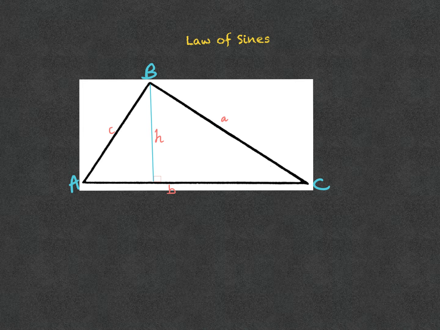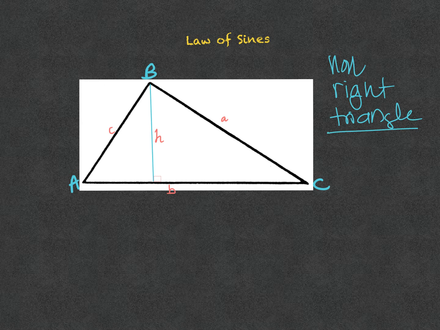Okay. The law of sines, first of all, the thing you have to remember, is used when you have a non-right triangle. Because if you have a right triangle and you're trying to find some missing sides or missing angles, you are going to use the Pythagorean theorem, okay?